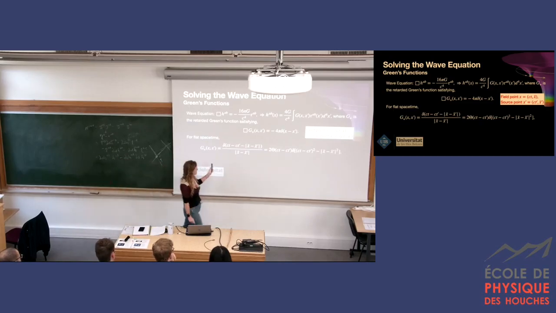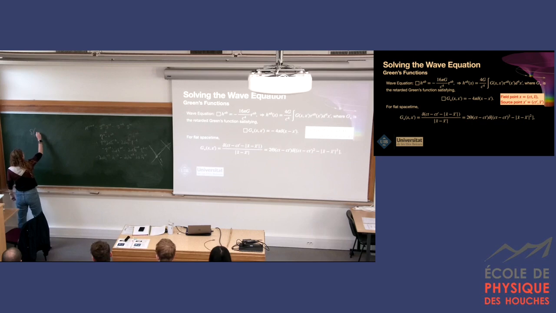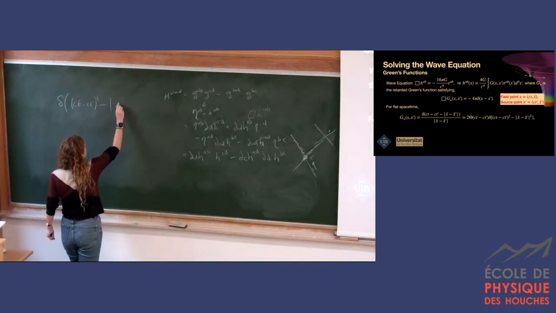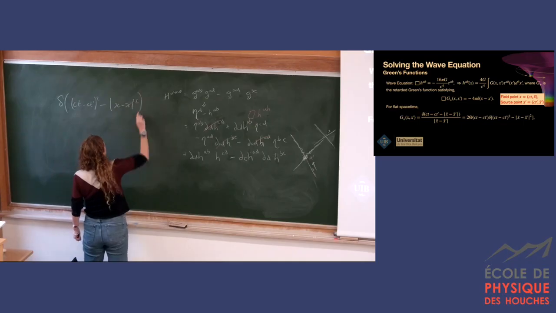Another way of writing this is as follows, and just to convince you of that, because I'll use it also for the self-force: you have delta of (ct minus ct prime) squared minus (x minus x prime) squared.